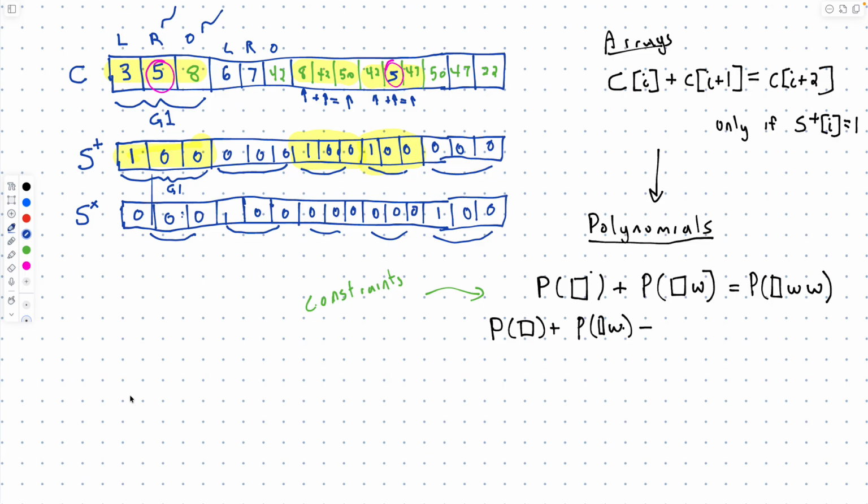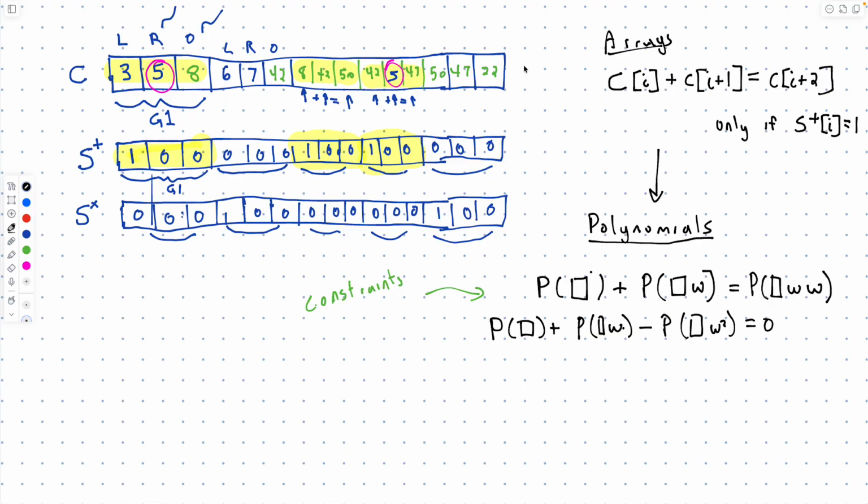So what I'm going to do is move this to the other side. I'll make it squared. And now this is all equal to 0. So this says that this plus this minus this equals 0. Now, is that true at every point on the polynomial?